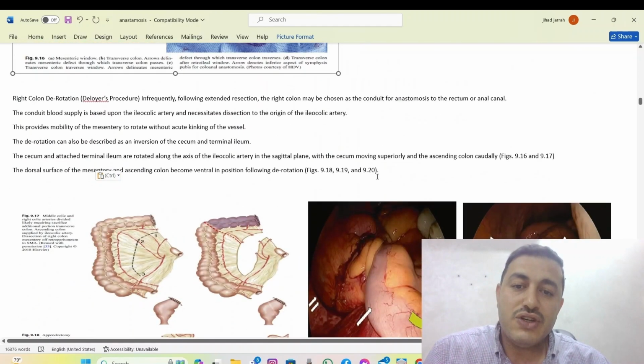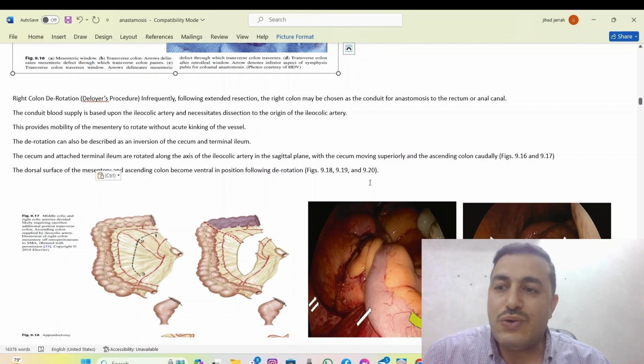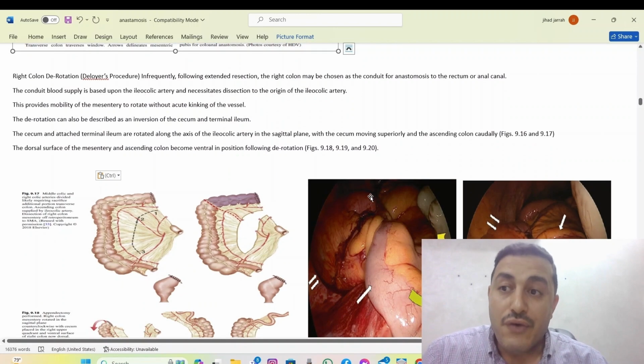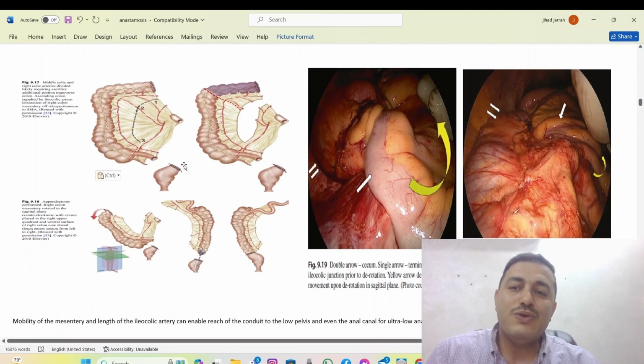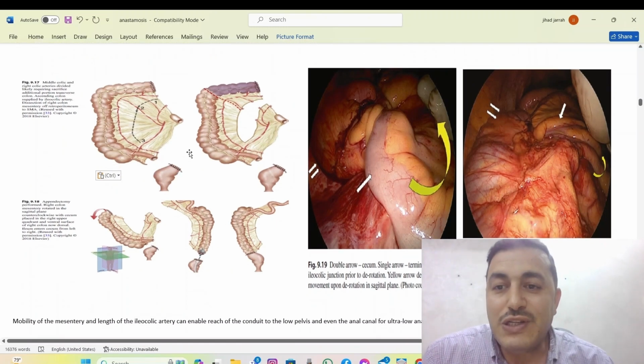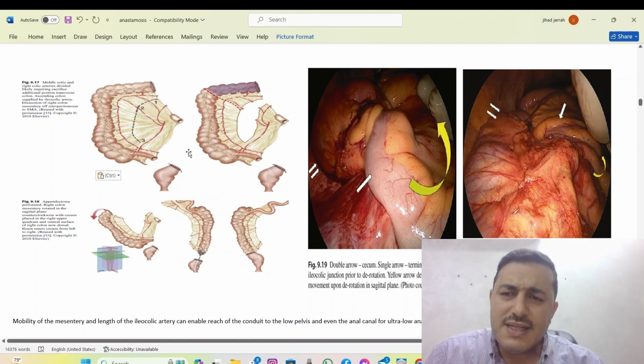The second procedure that we can use is what we call the DeLoyer procedure, or right colon derotation. And I think to explain it, it is better to see this picture. Actually, it's again the same indication when we are talking about distal anastomosis.